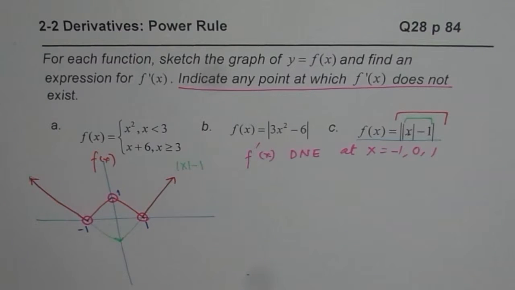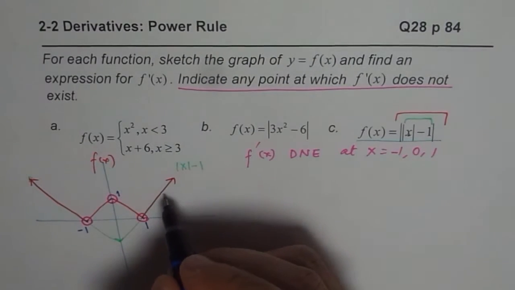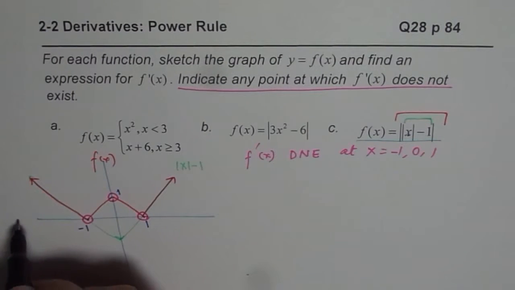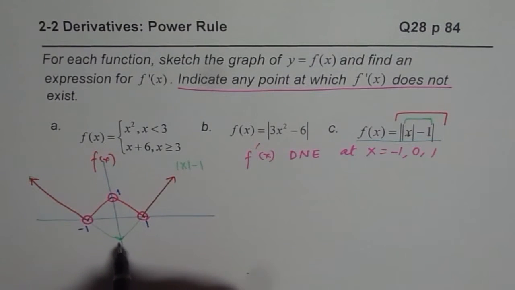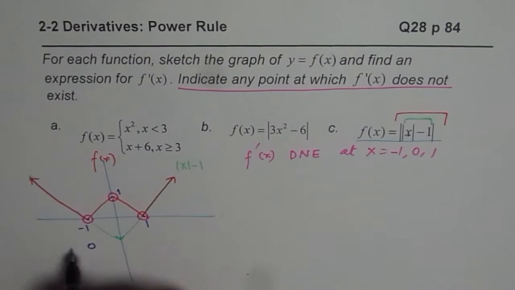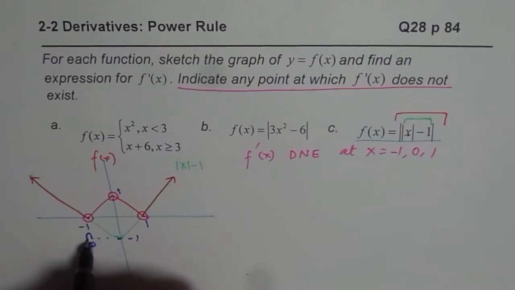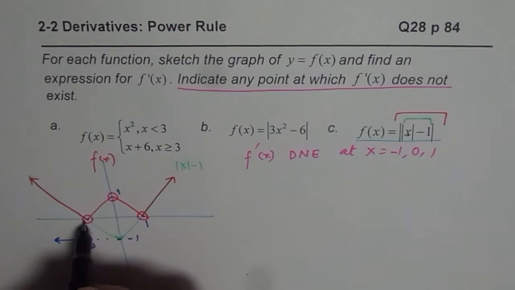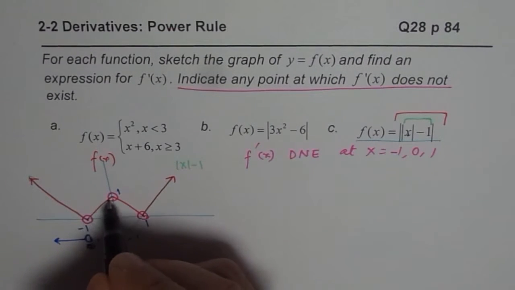Now, how much is the value of the derivative at other points? You can see from the graph that the slope here is negative 1, right? So from minus infinity to minus 1, it is negative 1 all along. So let me draw a line like this, and this is negative 1. Here it is positive 1.